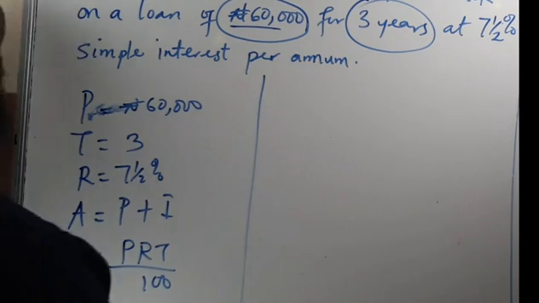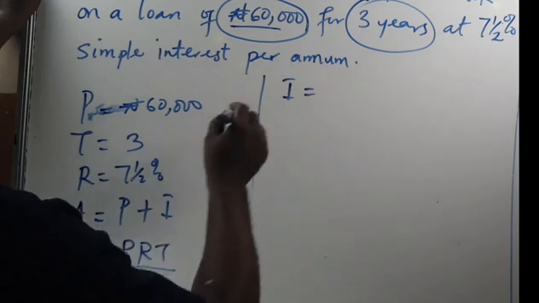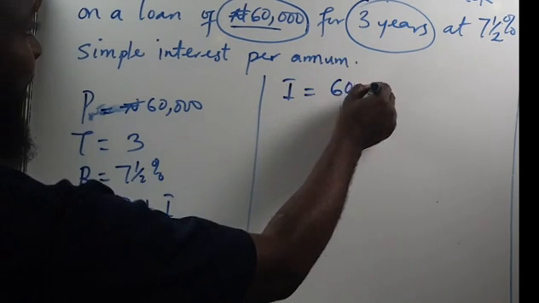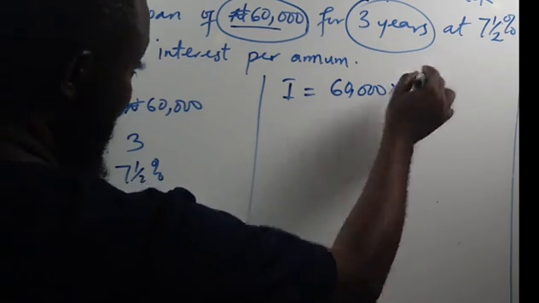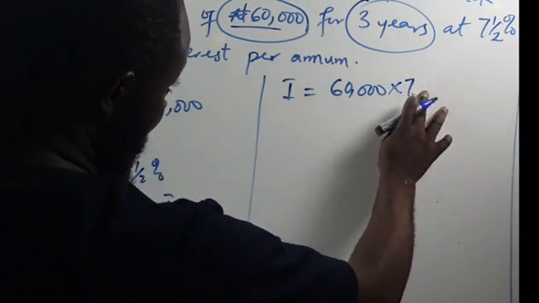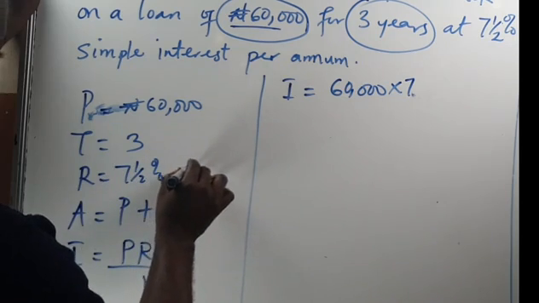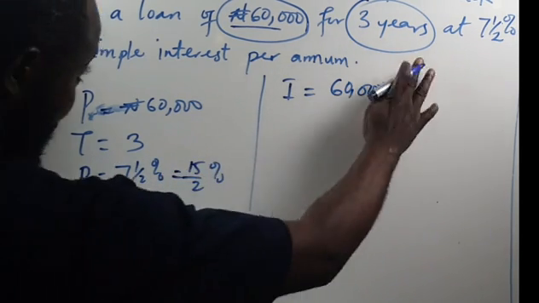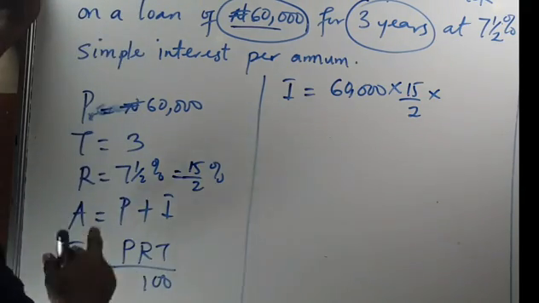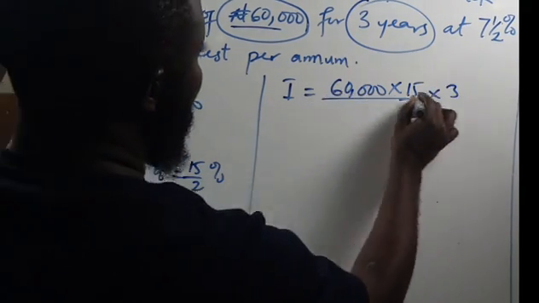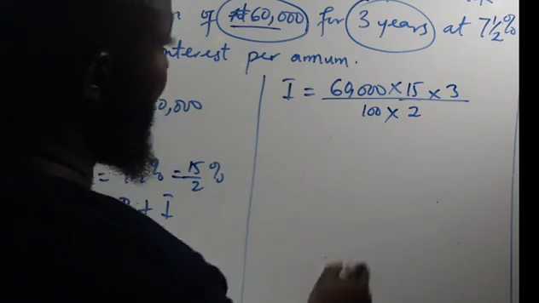So the interest will be equal to the principal, which is 60,000 naira, multiplied by the rate, which is 7.5, which we can write as 15 over 2. That is 7 times 2 plus 1, that gives 15 over 2. So instead of 7.5, we write 15 over 2, multiplied by the time, which is 3 years, divided by 100. Then we multiply by the 2 we have at the denominator.